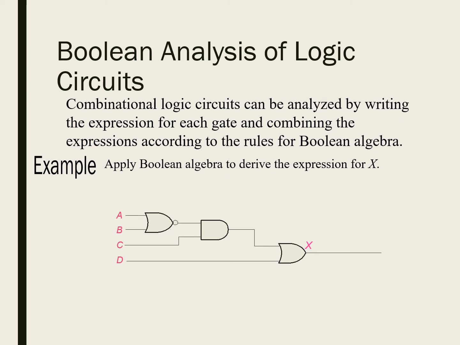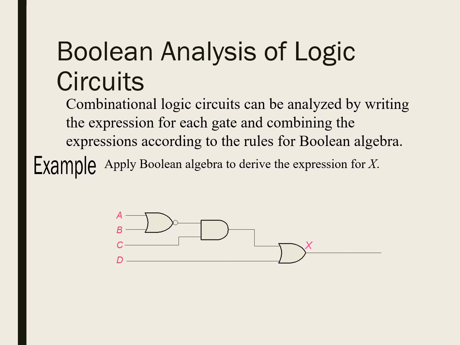So we have C dot (A or B) the whole bar as the output of the AND gate, and now this is one input of the OR gate and D is the other input of the OR gate. So the OR gives me the output X as C dot (A or B) the whole bar or D, that is C into (A plus B) the whole bar plus D.